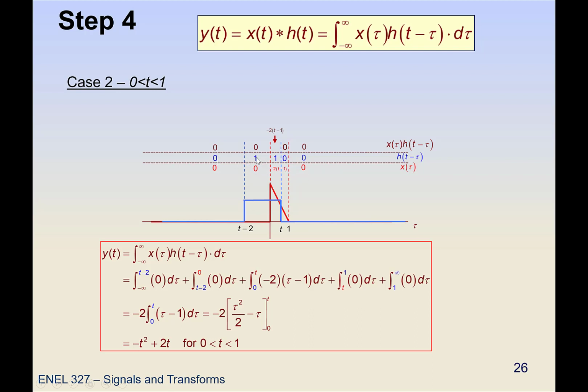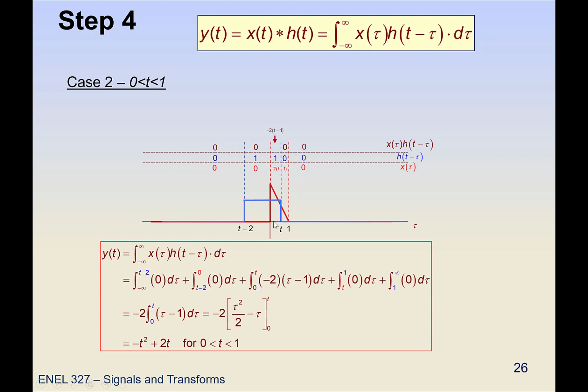And I'm going to write down the values of h in those regions, and I'm going to multiply upwards. And note there's only one region that's non-zero. Okay, and that region extends from 0 to t. So it's only going to be this one that contributes anything. And if we do those calculations, we're going to get this functional form.